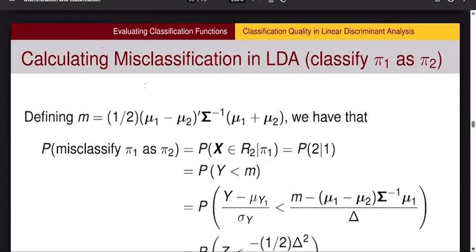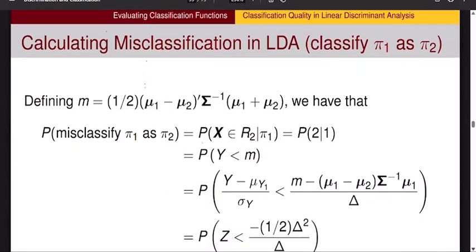Now, how do we calculate this? Now I need you to pay attention. How do I calculate misclassification probability in LDA? If you want to do that, because we're working with a normal distribution, this will be very easy to compute, because normality facilitates standardization.